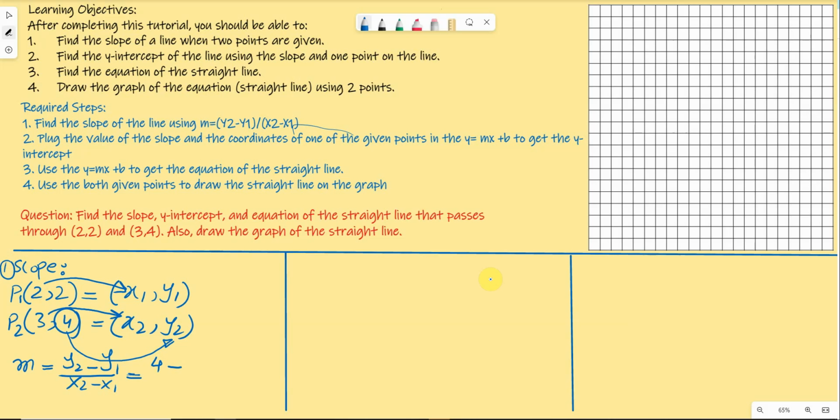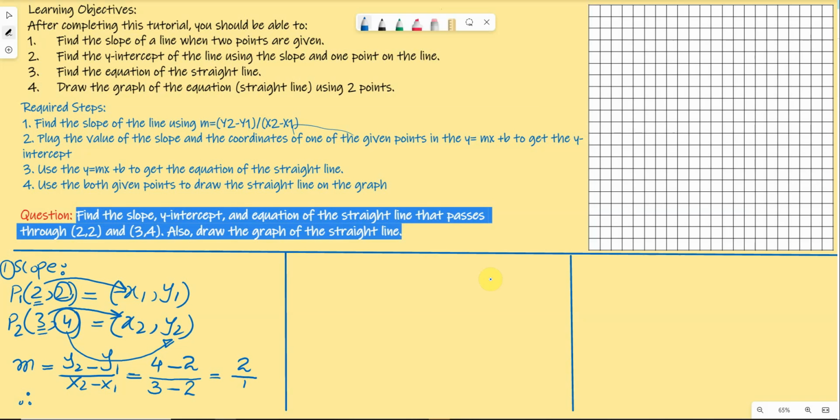And now we need y1. Our y1 is 2, so I'm writing 2 here. Divided by x2. Our x2 is 3, so I'm substituting 3 here. And our x1 is 2, so I'm substituting 2 here. 4 minus 2 is 2 and 3 minus 2 is 1. So our slope is 2.